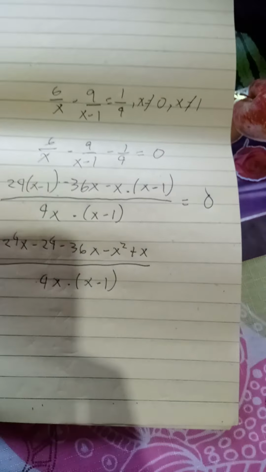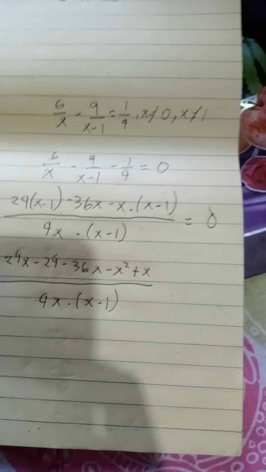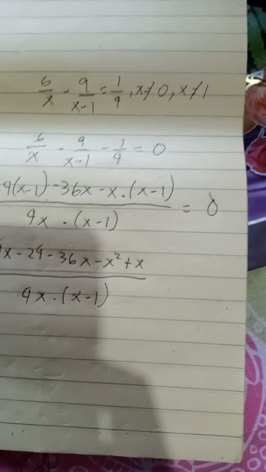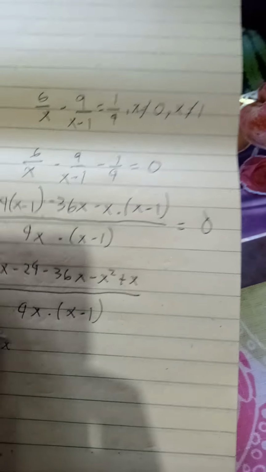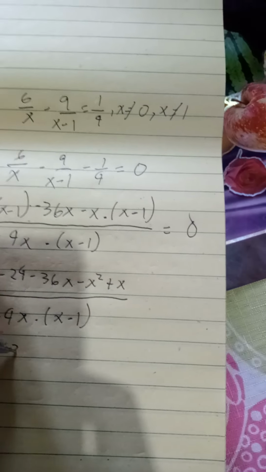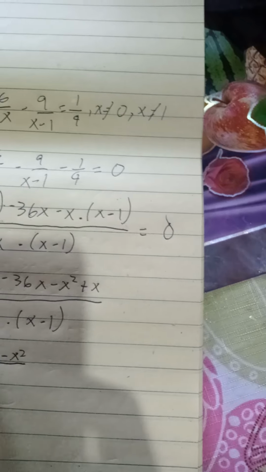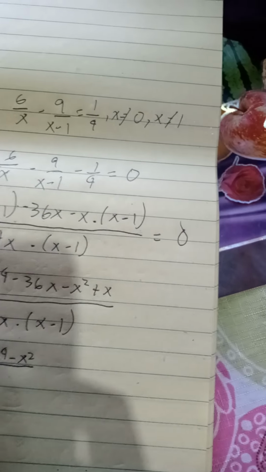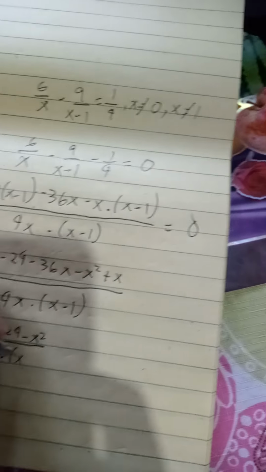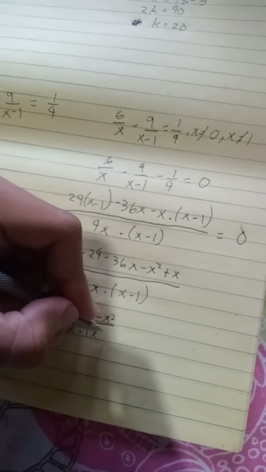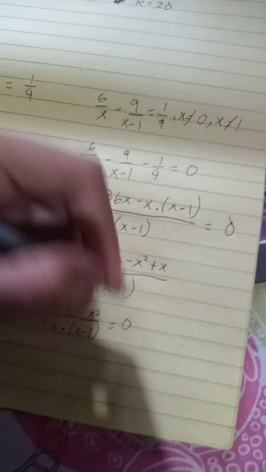Then set the numerator to 0. So it will be negative 11x minus 24 minus x squared over 4x times x minus 1 equals 0.